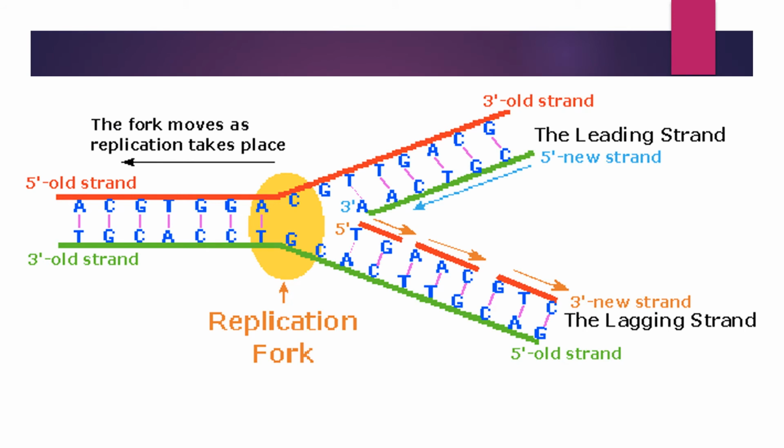Over here, you see, this is the leading strand. It is a continuous stretch. But in case of lagging strand, small fragments are formed which are called Okazaki fragments. And this is the direction of movement of the replication fork.